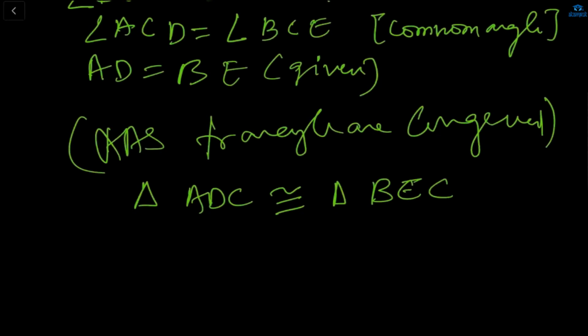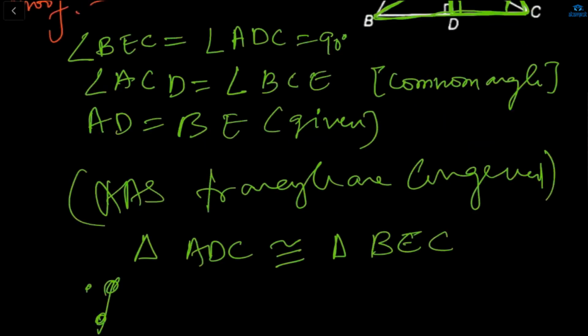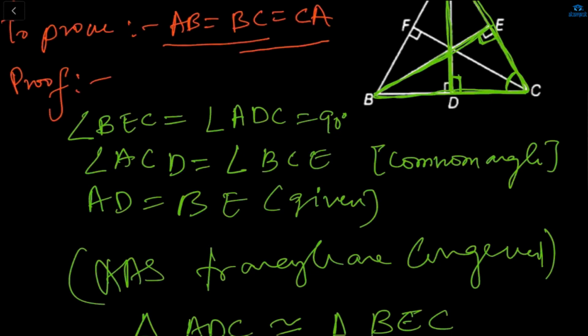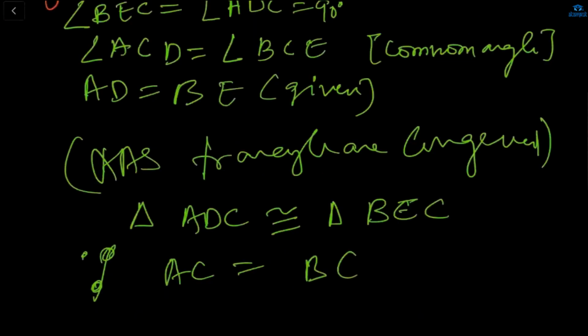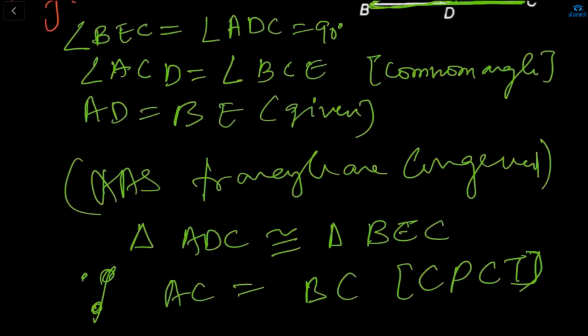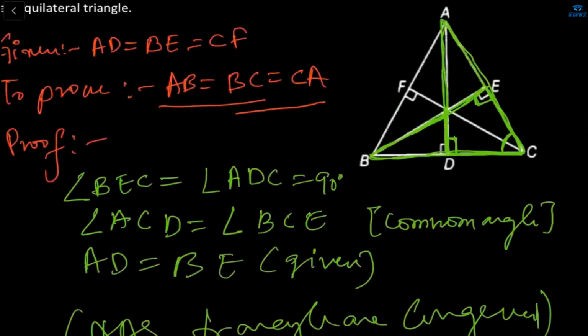Therefore, side AC is equal to BC, from CPCT. Yes or no? Understood? Any doubt here? Yes, ma'am, it is corresponding parts of congruent triangles. Now, in the same way, we are going to choose another two triangles. This time, this triangle, this and this.